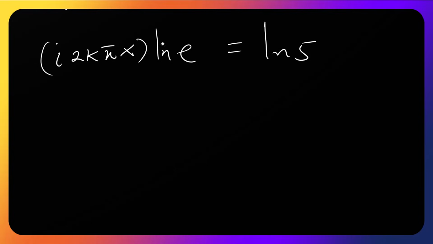Remember, ln of e is 1. So that would be i 2k pi x equals ln of 5.